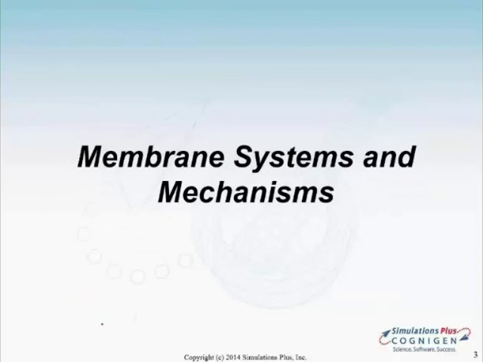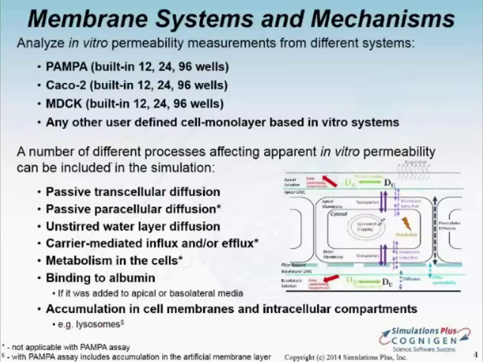As for the systems and mechanisms that we have incorporated at the moment, it is really focused on cell monolayer based in vitro systems. So currently we have not yet incorporated sandwich cultured hepatocytes or suspended hepatocytes or tissue slices.